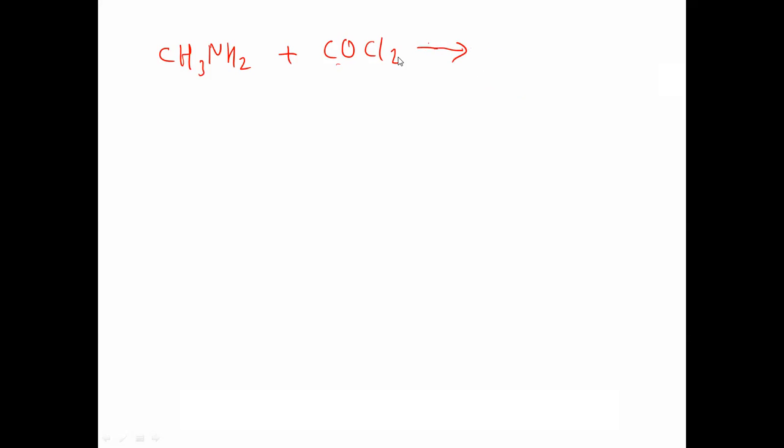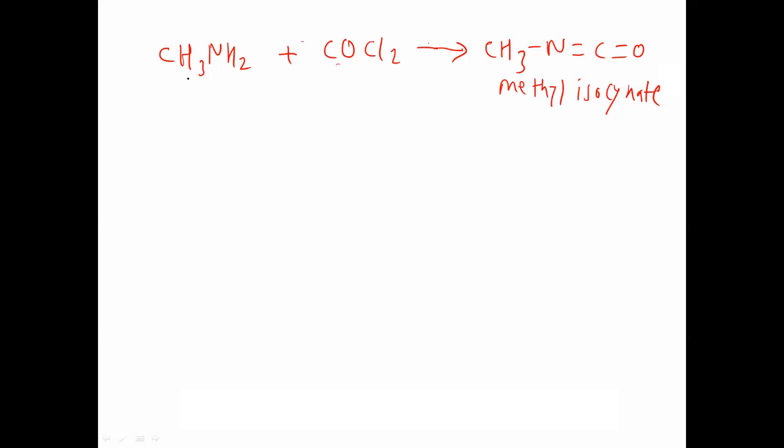Its structure is very interesting: CH3, then N, double bond C, double bond O. This is called methyl isocyanate.